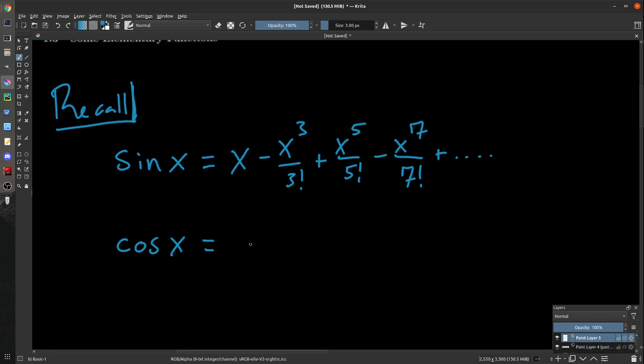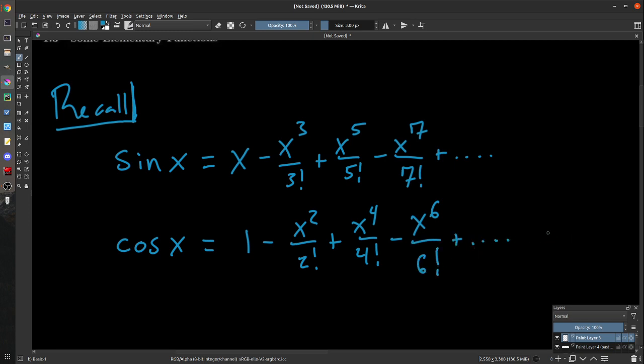Similarly, for cosine, we had 1 minus x squared over 2 factorial plus x to the 4th over 4 factorial minus x to the 6th over 6 factorial plus and so on, right? The good old-fashioned Maclaurin expansion of sine and cosine about 0.